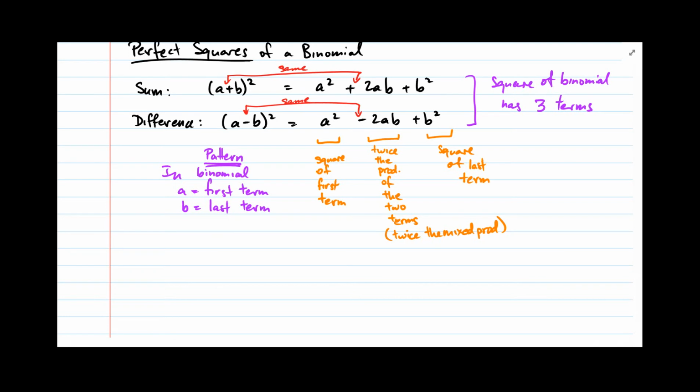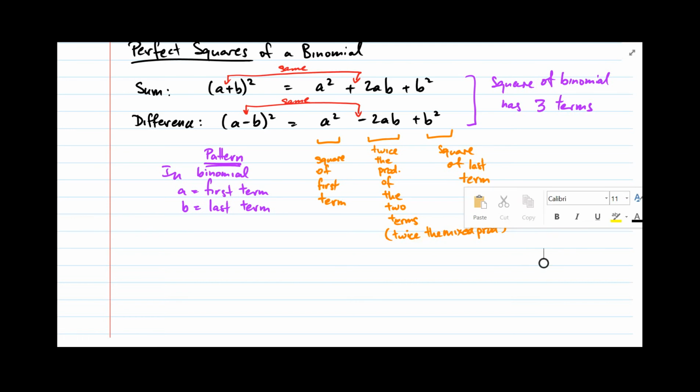The two terms in the binomial were a and b, the first term of which is a, the second term or last term is b. So whenever we have the sum, the way to remember it is that a plus b all squared is first term squared plus 2 times mixed product plus the last term squared.